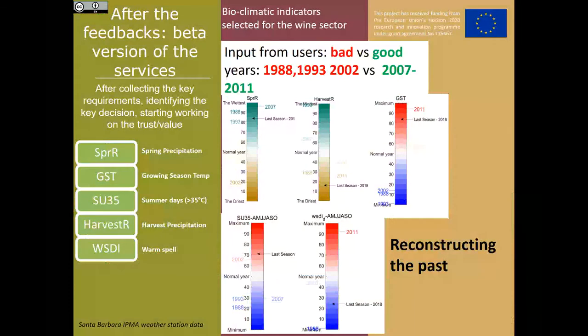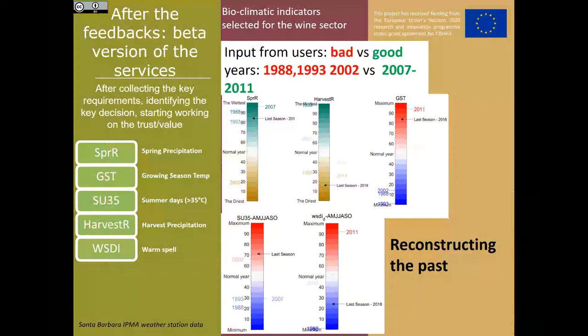So starting from these needs of the users, we understood that we have to select a number of bioclimatic indicators, and in particular for this prototype we have focused on five: the spring precipitation, the growing season temperature, the number of summer days, so the days with daily temperature above 35 degrees, and also the harvest precipitation and the warm spell indicator.